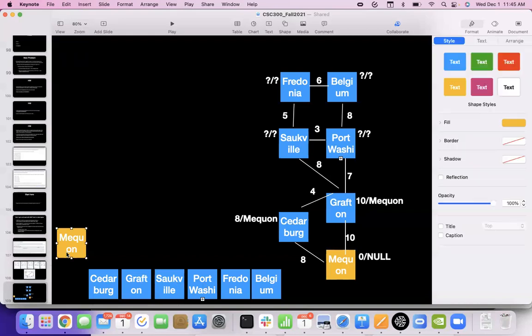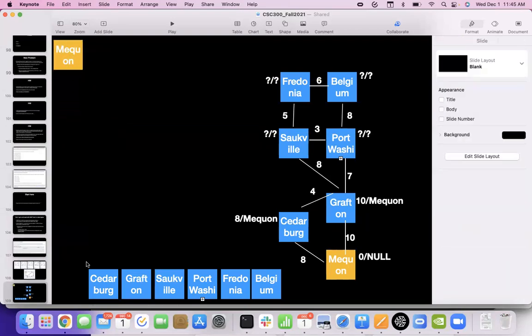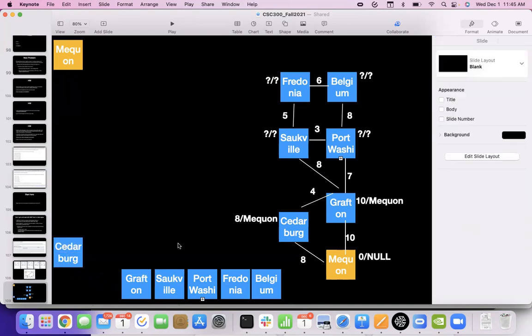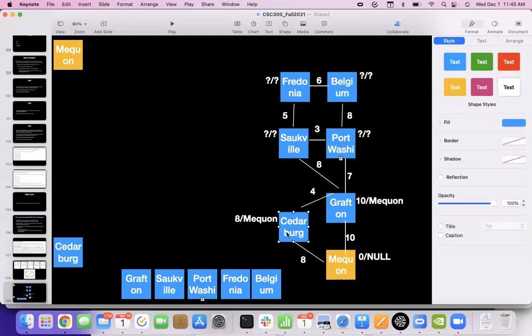Okay. Now we're done with this guy. So we'll go to our next starting place, Cedarburg. All right, so there are 2 roads coming out of Cedarburg. One goes back to Mequon. We know we've already traveled that road, but we see it solves itself.